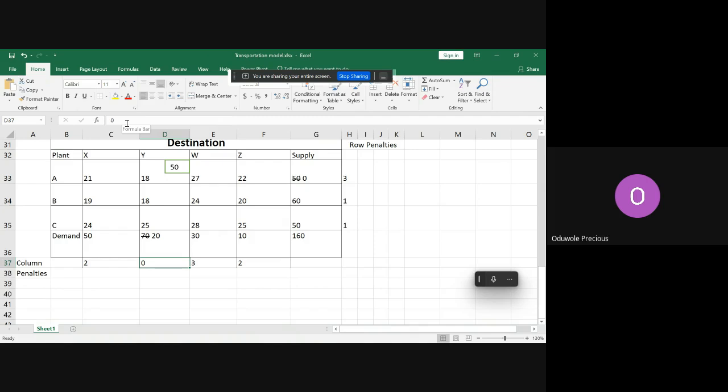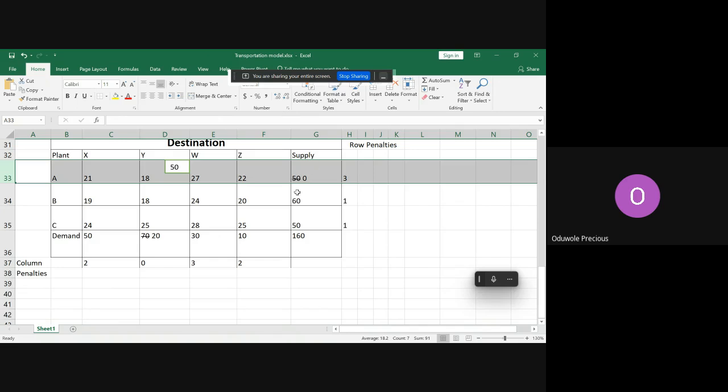So now how do you want to continue the second step? Don't forget this one has become 0, so you cannot do penalty for this again. The only thing you can do penalty for is all of these remaining ones. So all this one will be dash, dash, dash, dash.